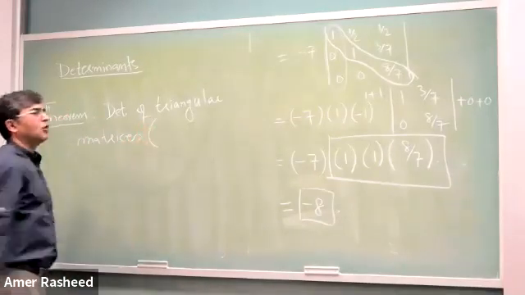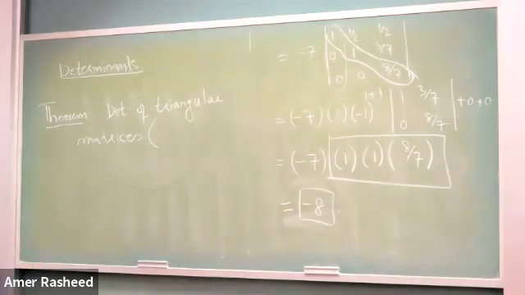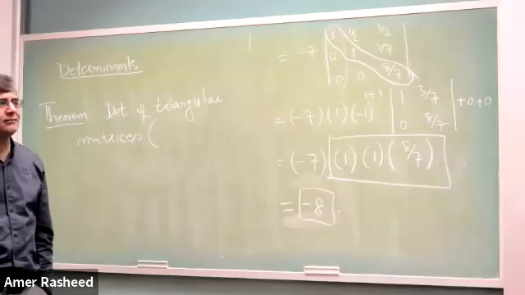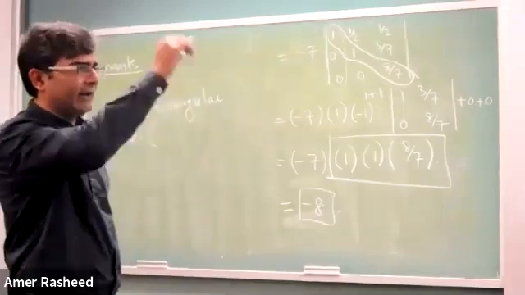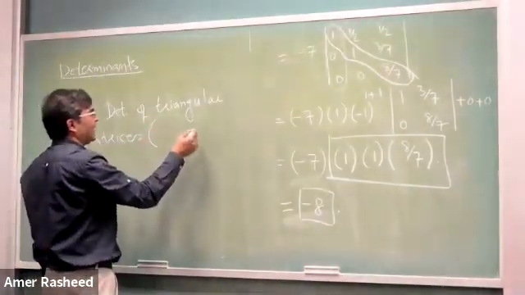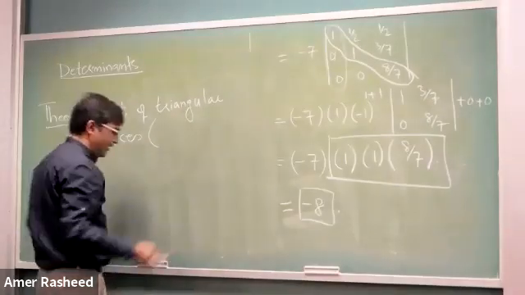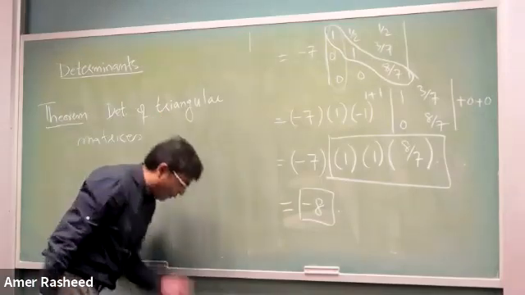Which matrices are triangular matrices? Anyone tell me? Upper triangular and lower triangular, and then diagonal matrices and scalar matrices, which have only diagonal elements. So upper triangular, lower triangular, diagonal matrices, this theorem is true for all triangular matrices.